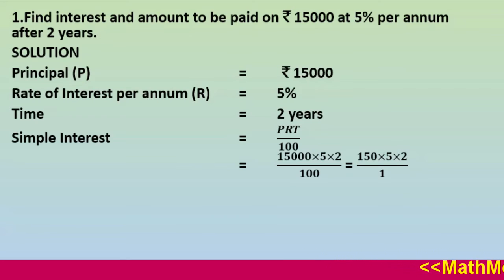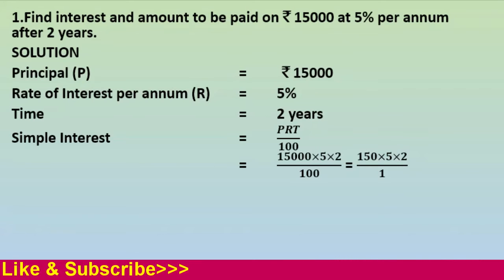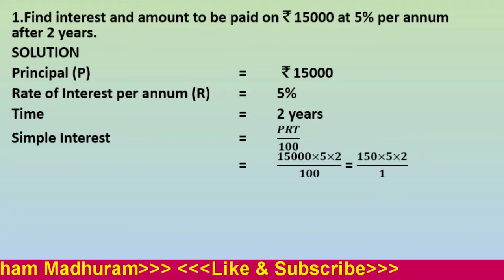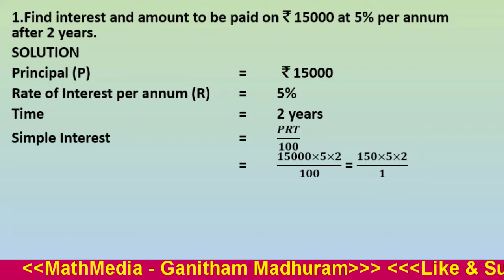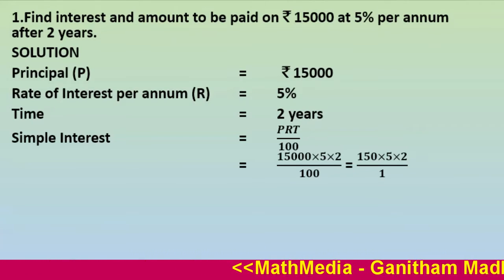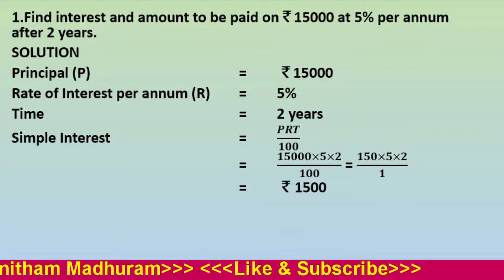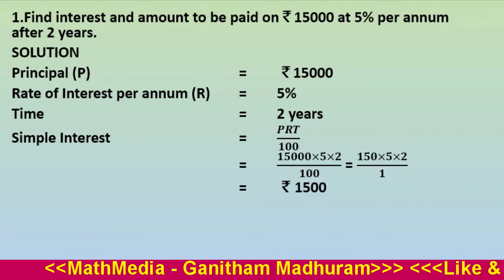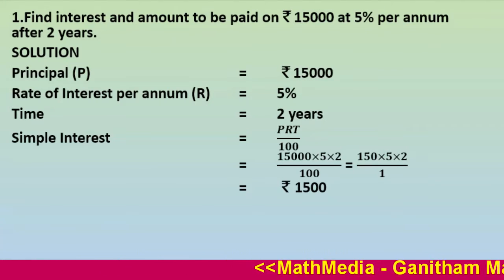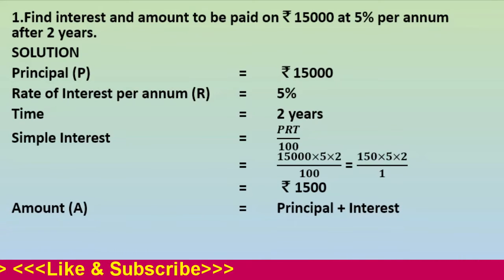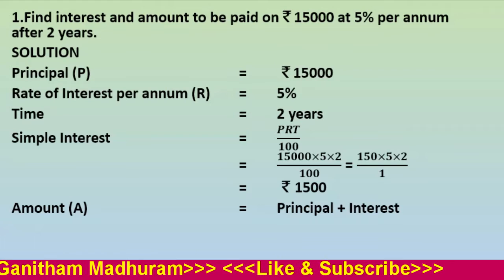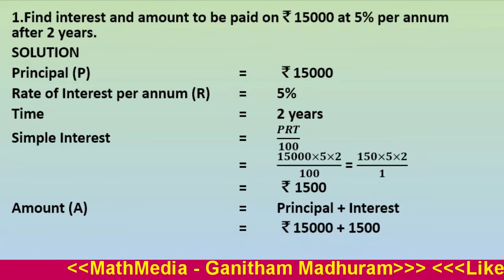2 zeros from the numerator and the denominator will be cancelled. We get the numerator as 150 into 5 into 2 and the denominator 1. While multiplying we get 1,500. So our simple interest is rupees 1,500 and the amount to be paid equal to principal plus interest.